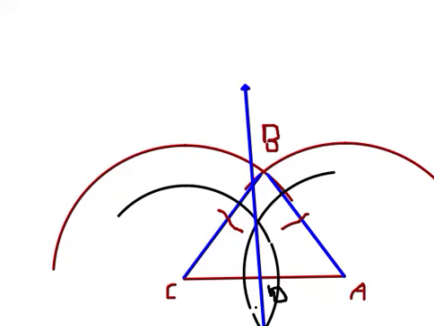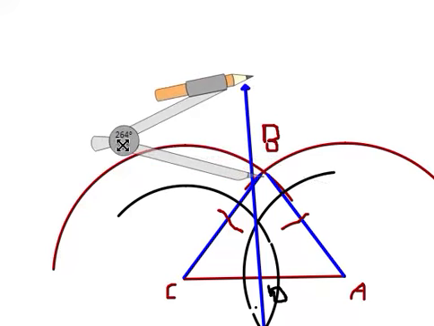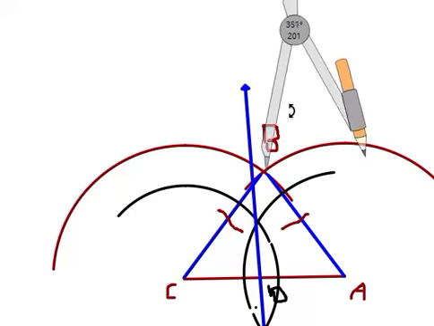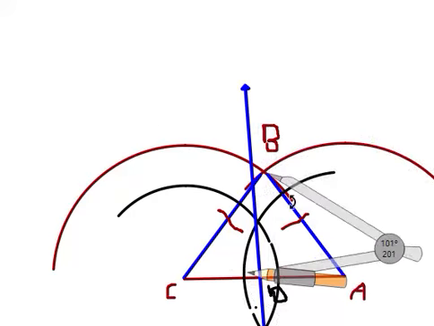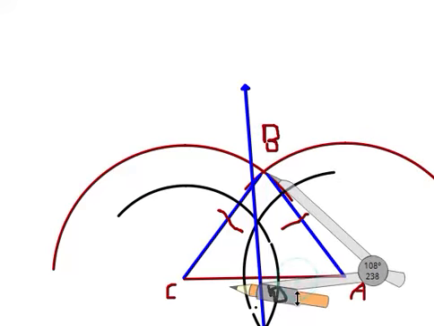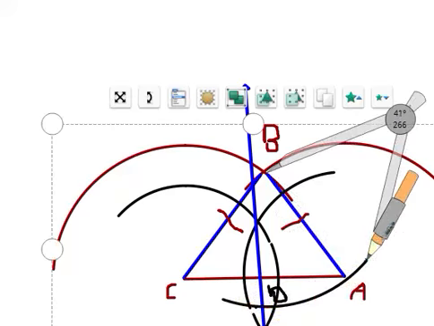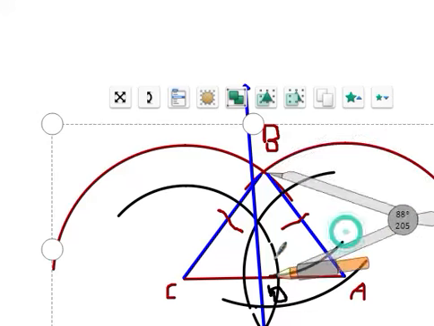Now we go with the compass, open to MB, and draw the arc. It will intersect the base at two points. Look here.